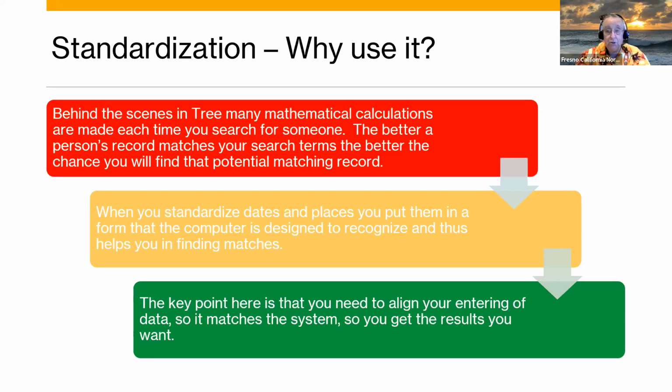One of the ways you can really improve the searching is by using standardized dates and places and names, so that the system will recognize them better, because a standardized date or place is more readable by the program. The program knows it and is more willing to help you get a match if your things are standardized than if they're not.